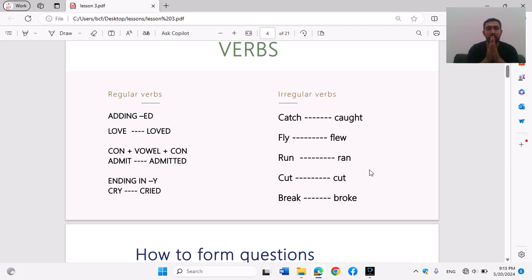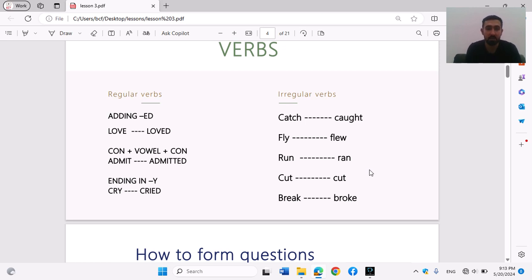For example, the verb catch will be caught in the past. Fly will be flew. Run will be ran. Cut will stay the same. And we have break, broke. And we have the past participle, which is broken, that we need in the perfect tenses.